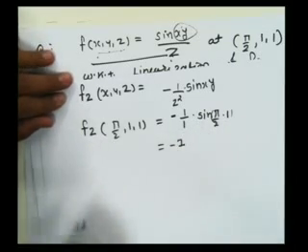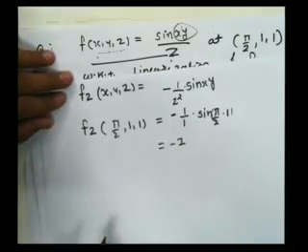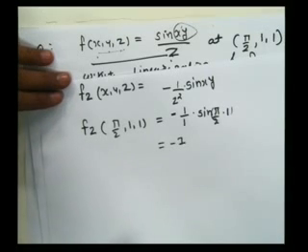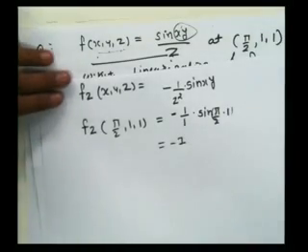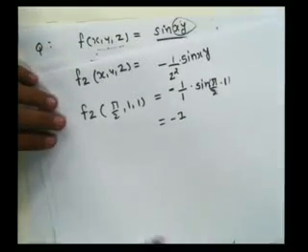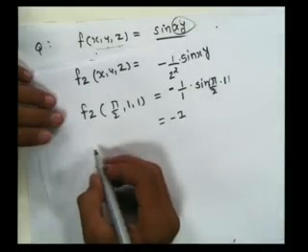So we have derived all the things: fx, fy and fz at (x0, y0, z0). Now we will put all these into the linearization formula.